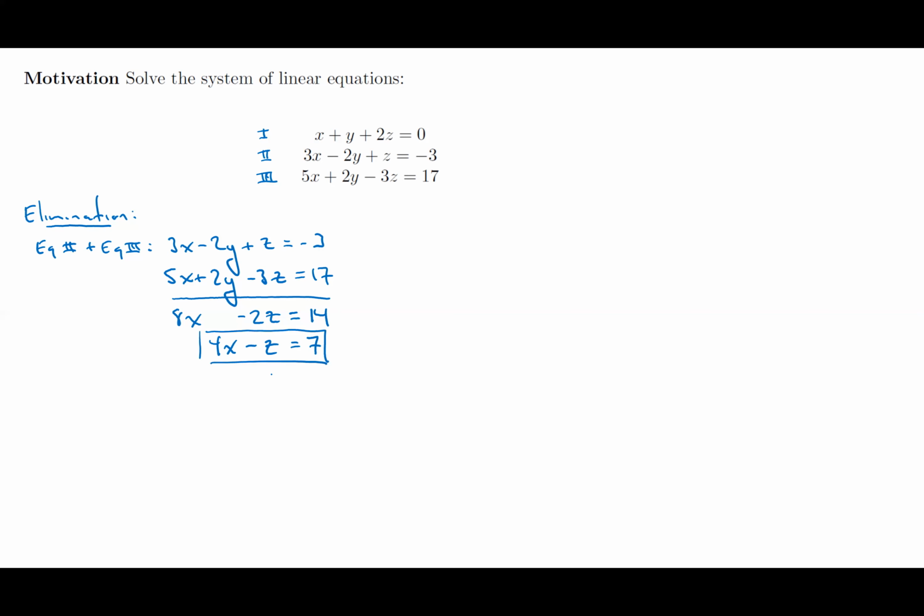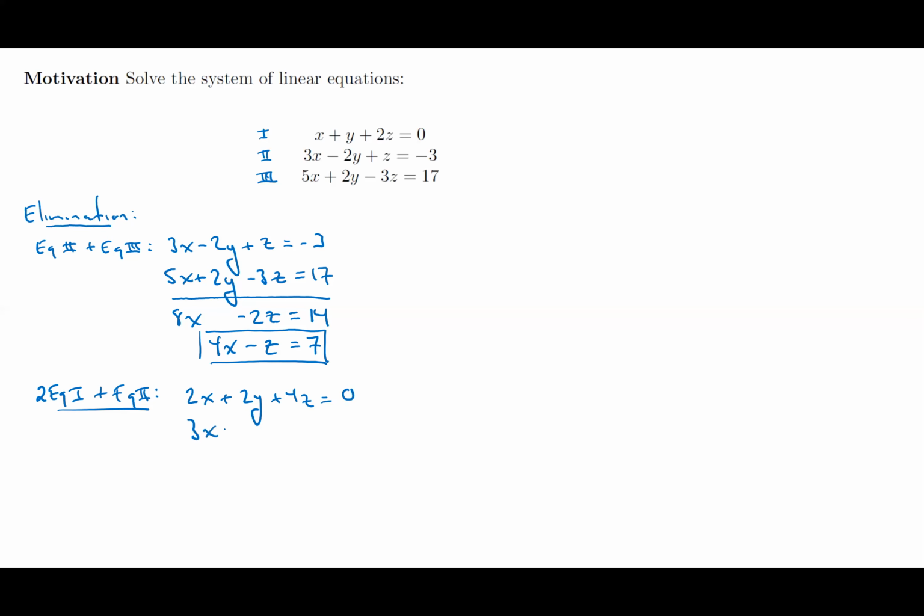And then let's use, how about 2 times equation 1 plus equation 2. And so when I do that, 2 times equation 1 will be 2x plus 2y plus 4z equals 0.